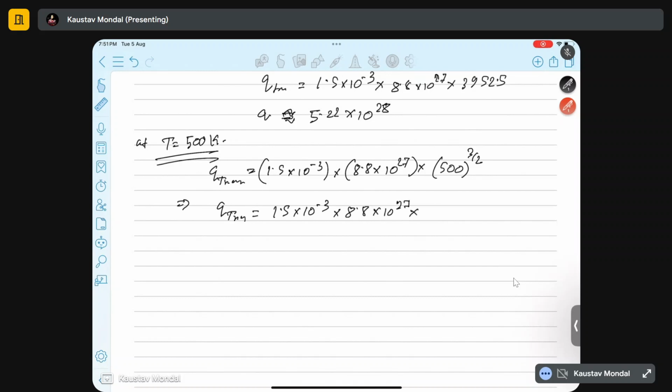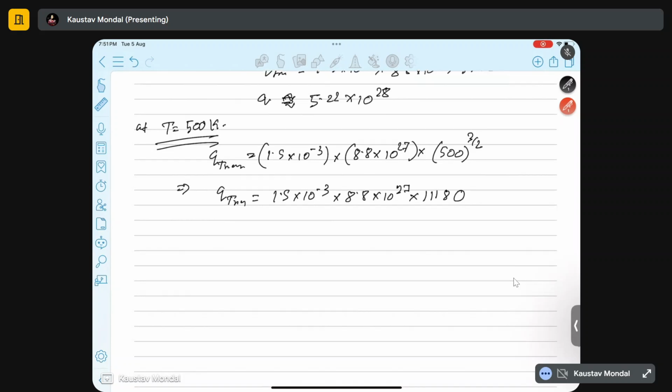Now we will do 500 to the power 3 by 2. This gives you 11180.